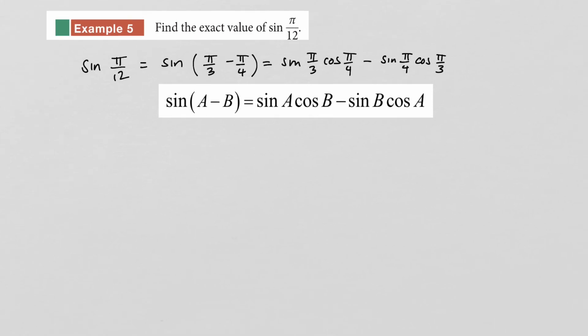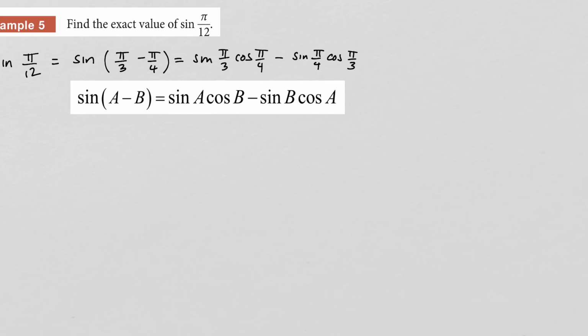From here, we just have to fill in the values. The sine of pi over 3 is radical 3 over 2, the cosine of pi over 4 is radical 2 over 2, minus the sine of pi over 4, which is radical 2 over 2, and the cosine of pi over 3 is 1/2.